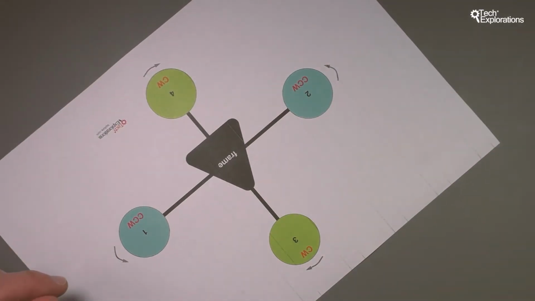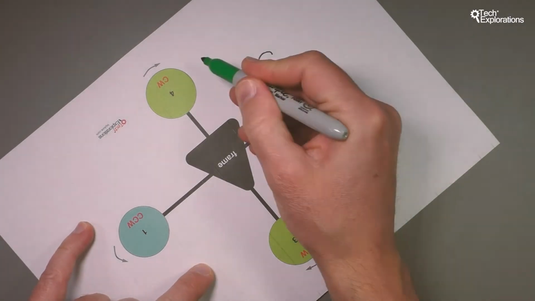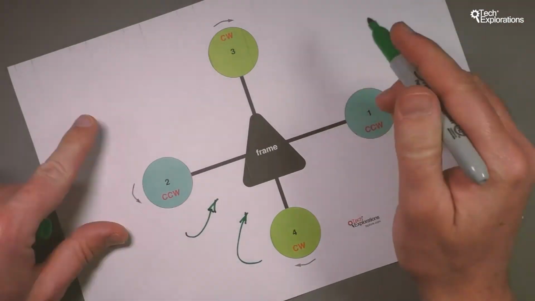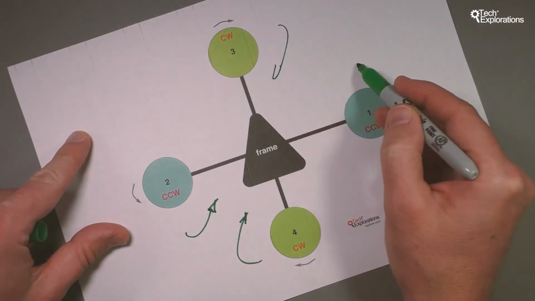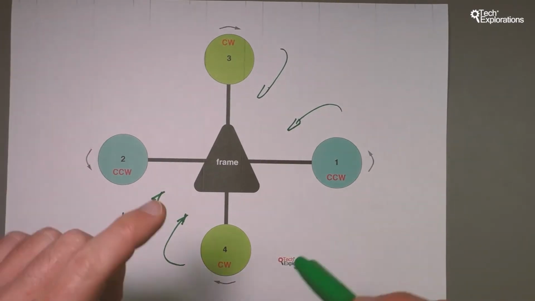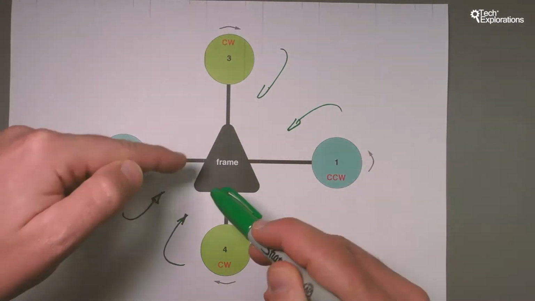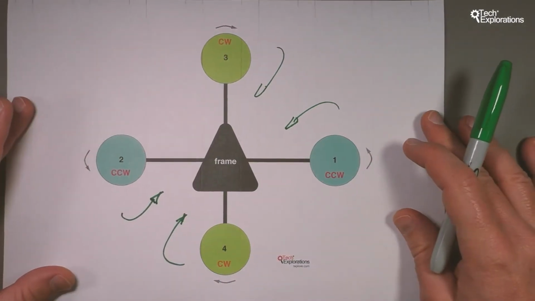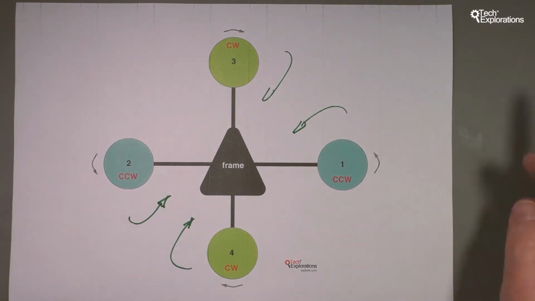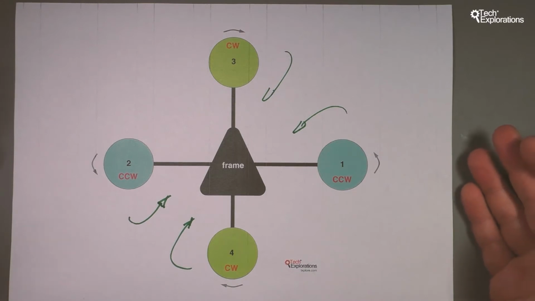I should actually mark that with my marker. So you've got that kind of motion and that kind of motion on either side. And this is what keeps the flight stable. It's the fact that the motors and the propellers are moving inwards towards the frame. That provides stability.